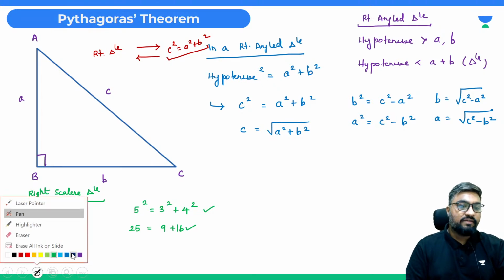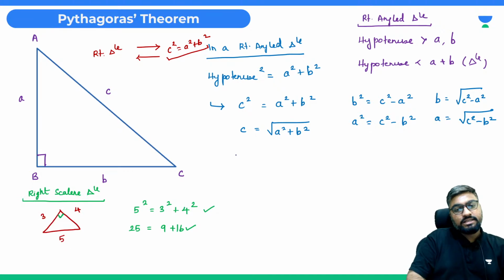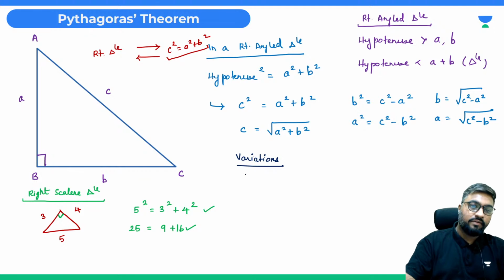अच्छा, इसके थोड़े वेरिएशंस हैं, some variations of Pythagoras theorem that we are not aware of. If the triangle is right, अगर right angle triangle है तो क्या होगा? C square is equal to a square plus b square.